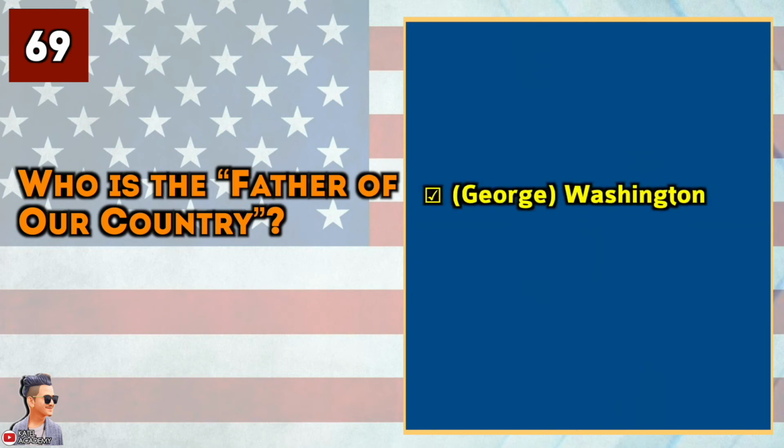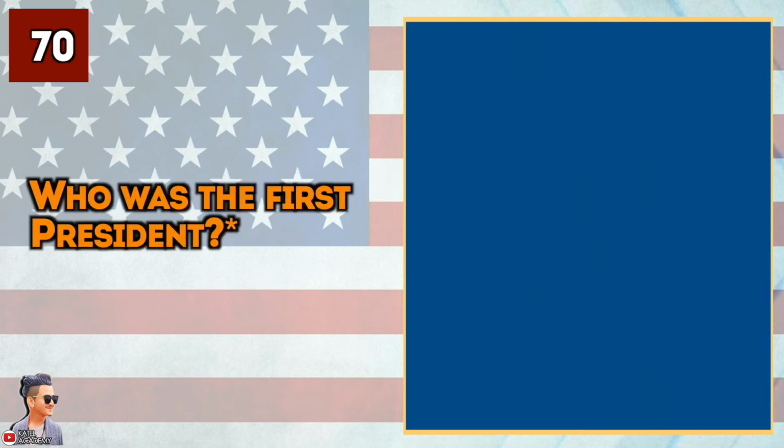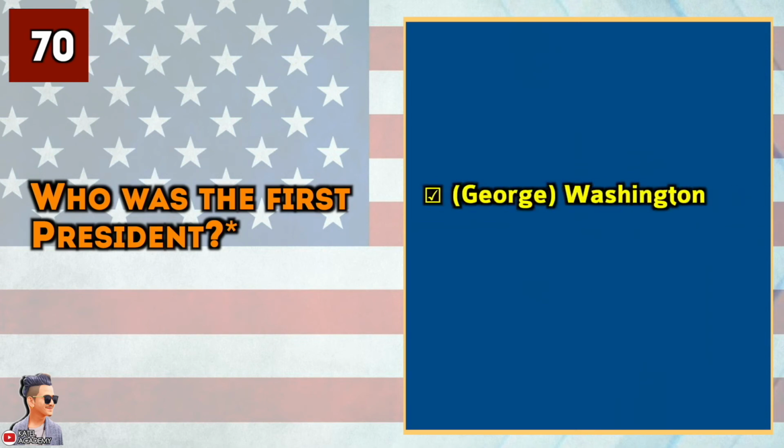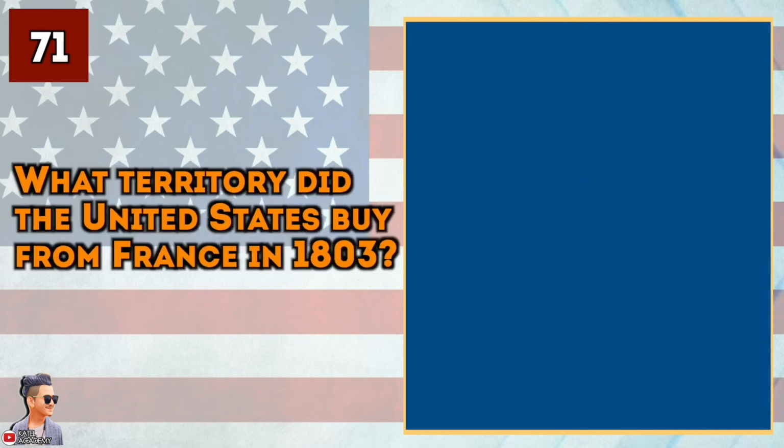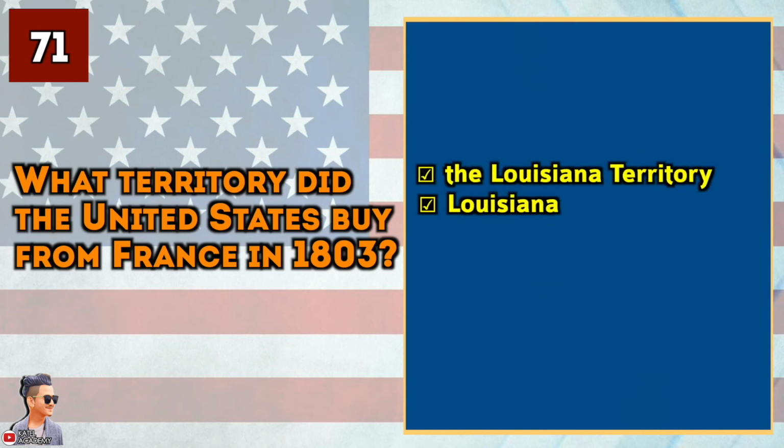George Washington. Who was the first president? George Washington. What territory did the United States buy from France in 1803? The Louisiana Territory. Louisiana.